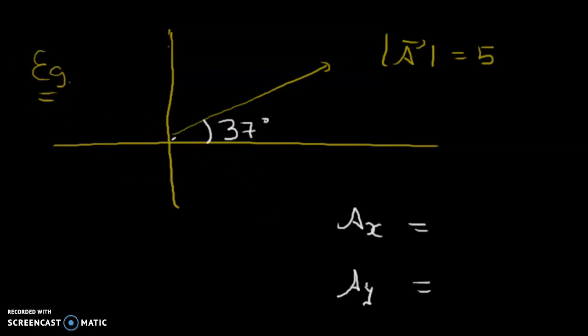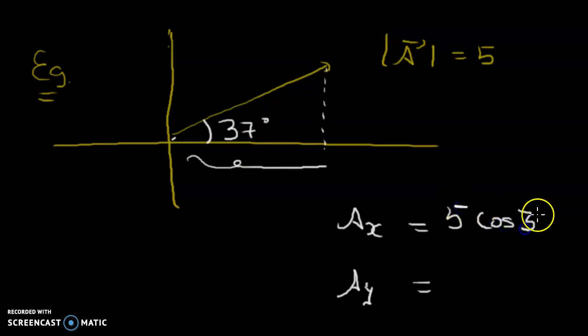So now the thing is, let's learn the resolution. If I need to find AX over here, I need to find the length of this. Actually, that is the AX. So the length of this part would be A, that is 5 cos 37, and that would be A sin 37.